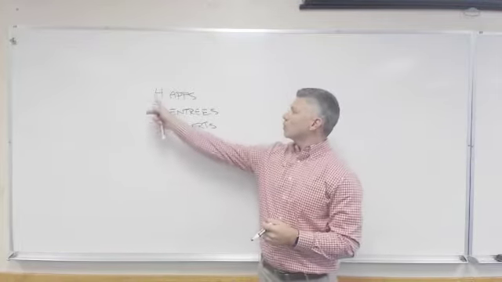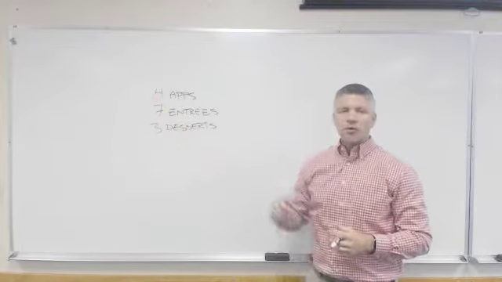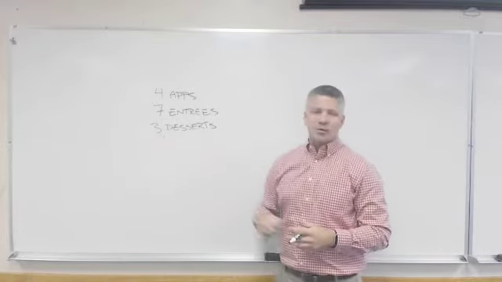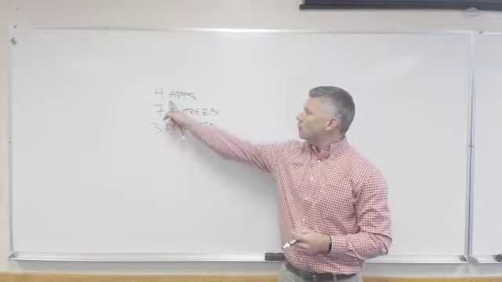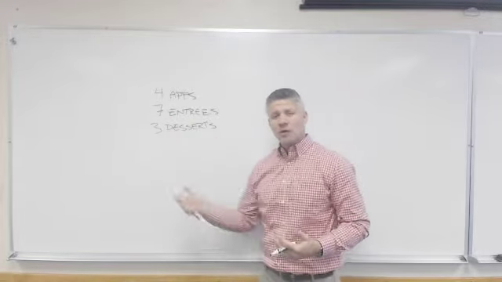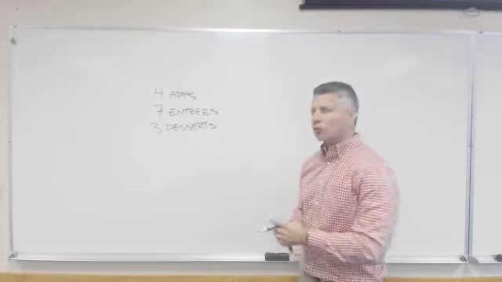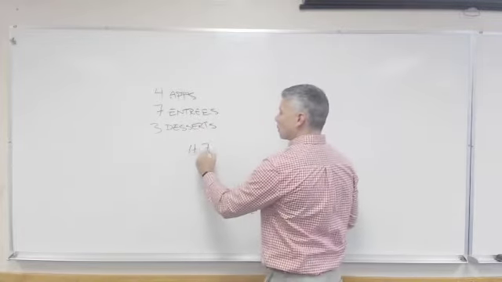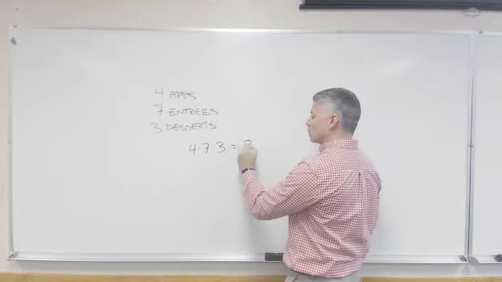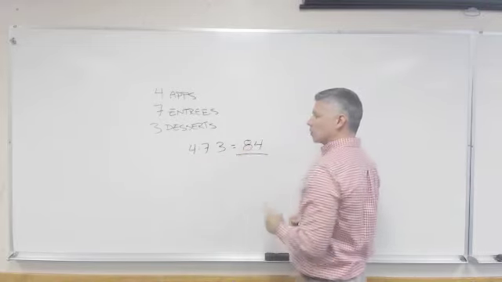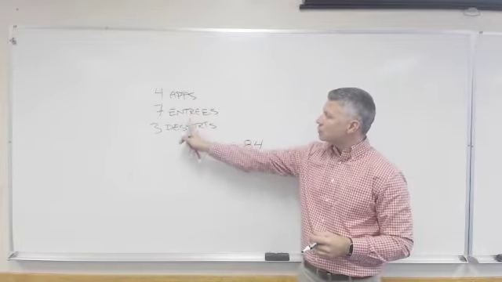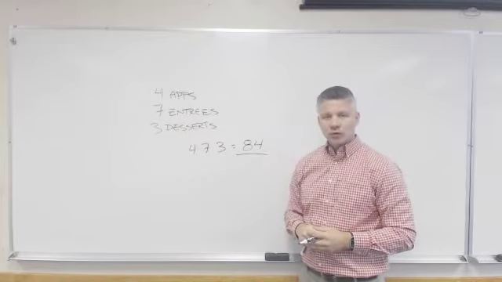Maybe they order the calamari, or maybe the wings, maybe the fish, maybe the ice cream, maybe they go for cake. We have 4 apps, 7 entrees, and 3 desserts. All you need to do to figure out how many ways somebody could order a meal is multiply those 3 numbers. 4 times 7 times 3 is 84. That's how many different combinations there are of 4 appetizers, 7 entrees, and 3 desserts.